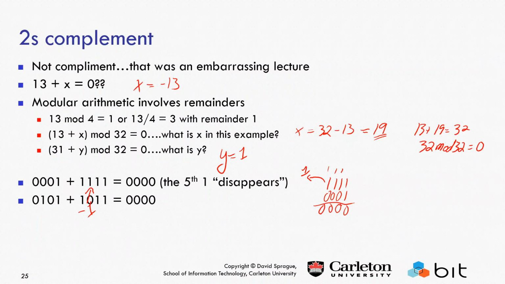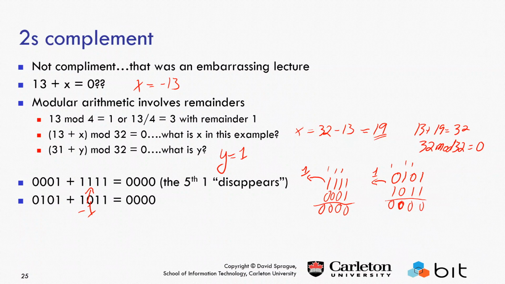So if I add them together, 1 and 1, and that 1 gets thrown away, and I get all zeros again. Huh. There's always a number for all these positive values that we have. There's always a corresponding number here that when you add the two of them together, you get a 0.